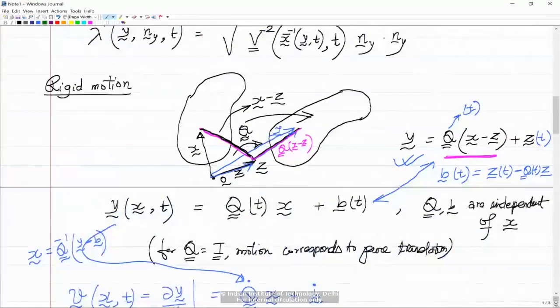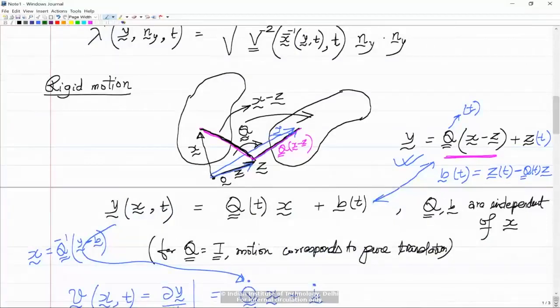Rotation and translation parts are independent of x. So X is interacting with the rotation component only, because we need to extract from that tensor a vector. So we take that x with the Q only. But B is independent of that.